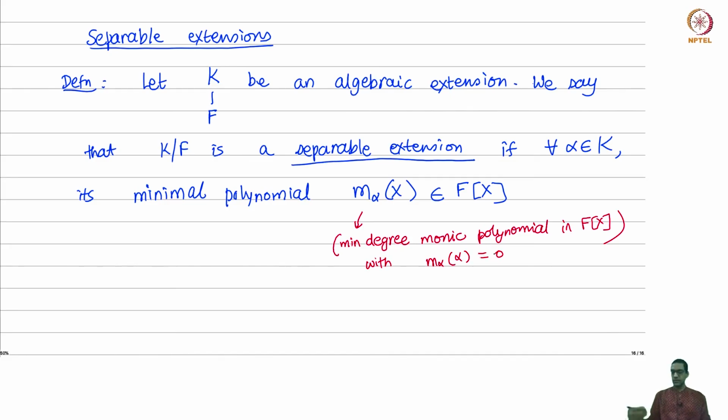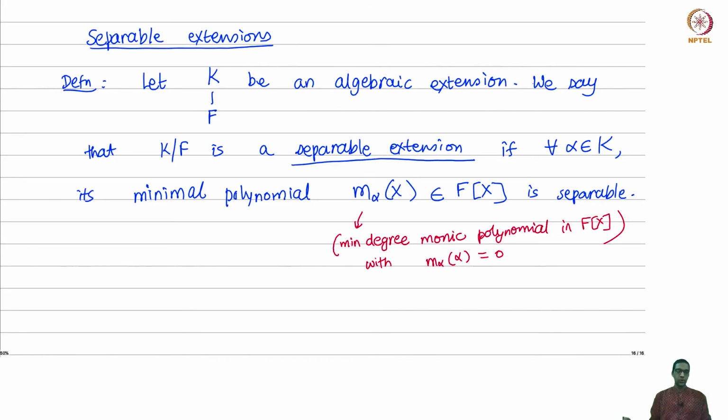This is just the generator of the ideal on which alpha vanishes. We talked about separable polynomials before. Now what we are saying is an extension is said to be separable if for every element of the extension, the minimal polynomial of that element over the base field is a separable polynomial.